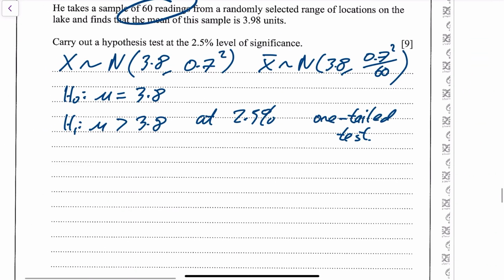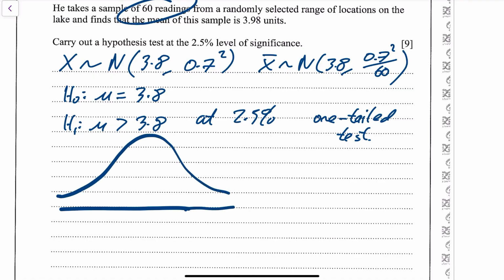If you look at the mark schemes, quite often you're getting a mark for just saying it's a one-tailed test. Now, you're not necessarily getting any marks for what I'm doing here, but this is how I understand it. I do my diagram, I mark in the 2.5%, and then I decide, was my test value here or here? If it's in 1, then I don't reject H0.